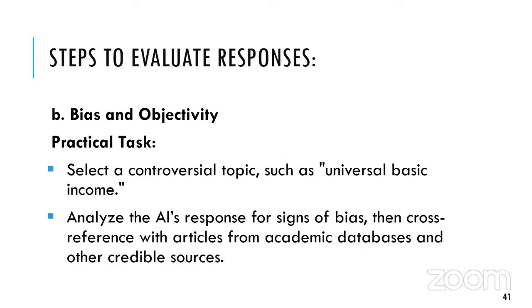So I would like you now to select a controversial topic, such as universal basic income, analyze the sources used, check for biases, and then cross-check the articles provided against academic databases and other credible sources.